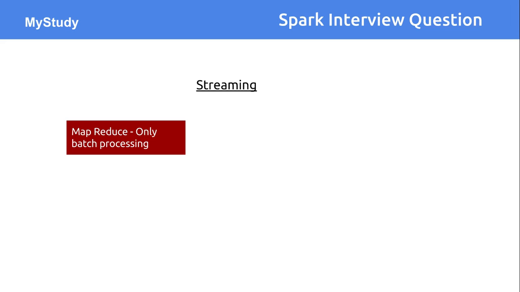But let's say some data is available in a real-time way, like Twitter streams coming in, or sensors acquiring weather information every single second. That is not possible with MapReduce, because it only supports batch processing.